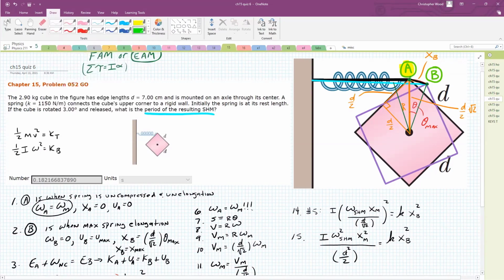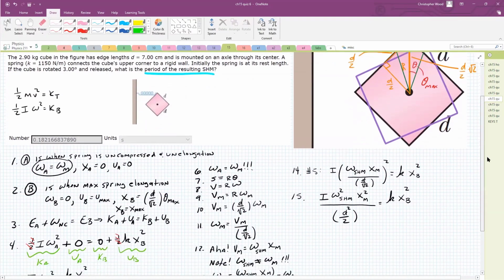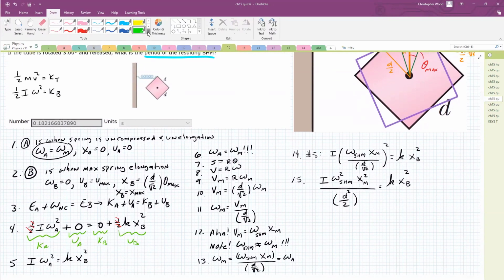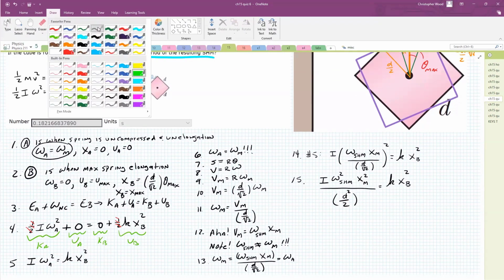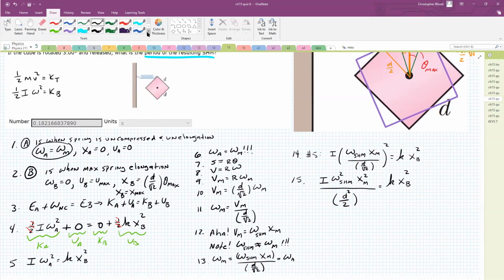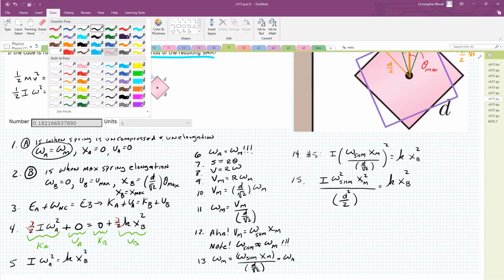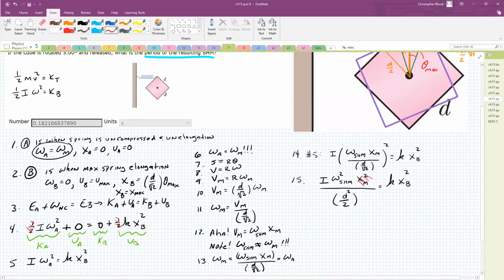This maximum stretch is XB. So that's why I'm saying XB is the same as X max. Okay, so let's keep going.